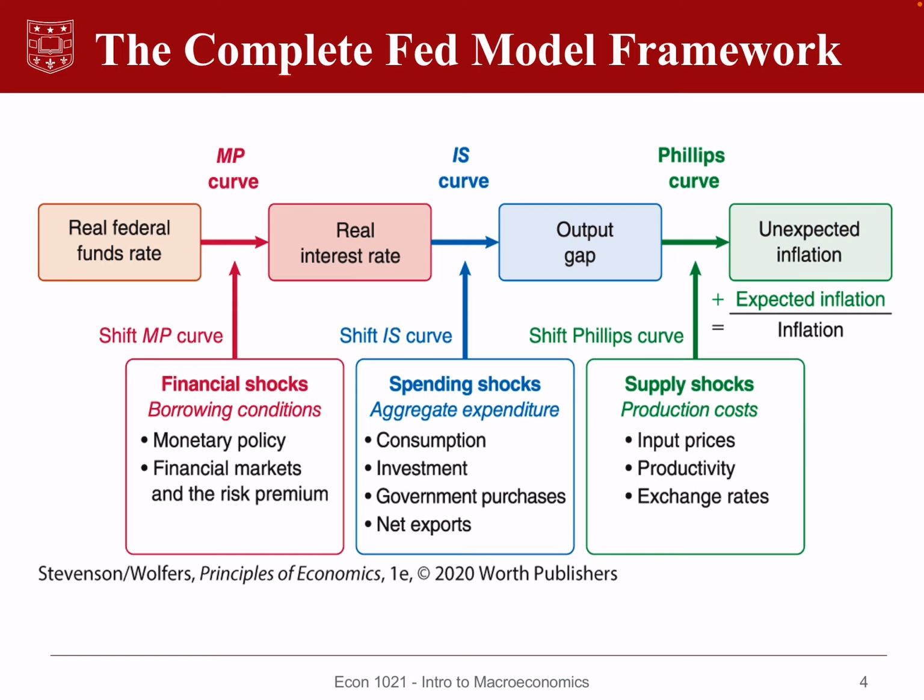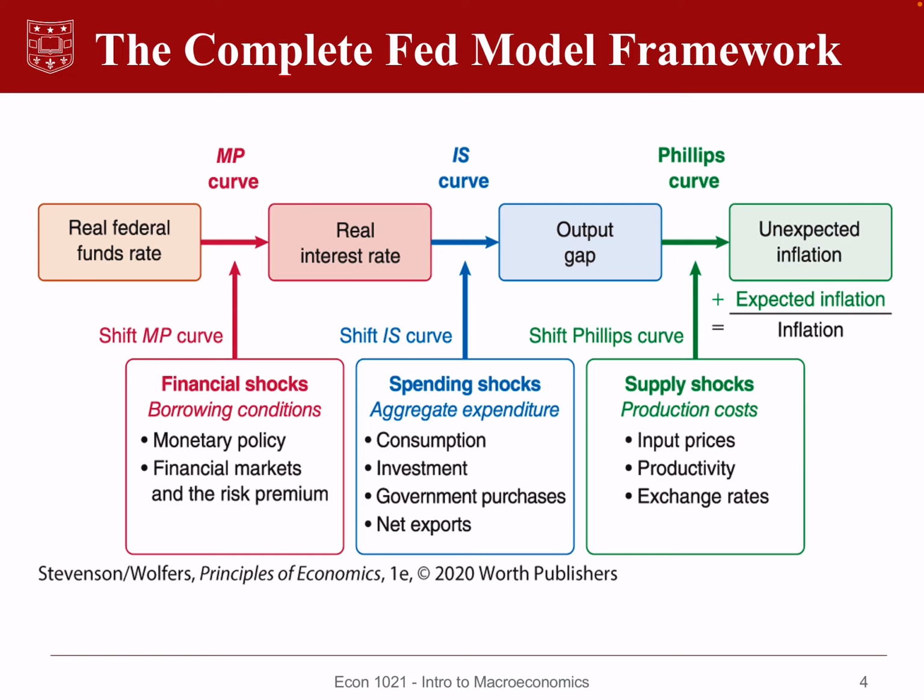And as any of those relationships shift, up or down or left or right, as the case may be, there's going to be a new outcome for the equilibrium interest rate, level of real GDP and output gap, unexpected inflation, and overall inflation.